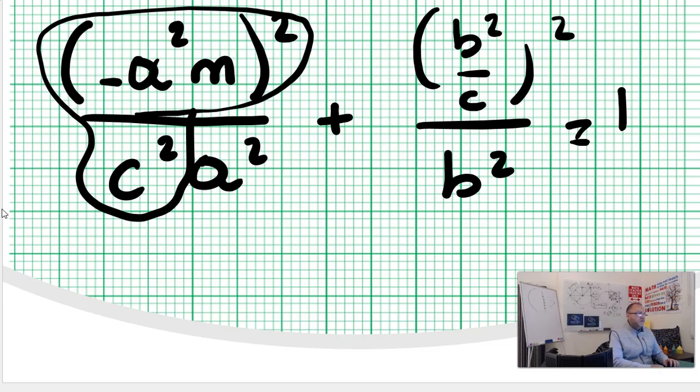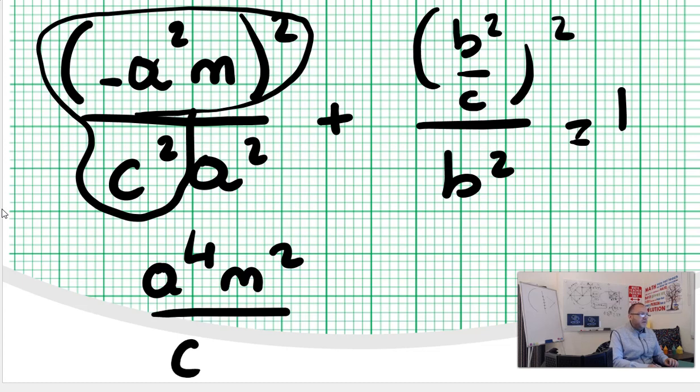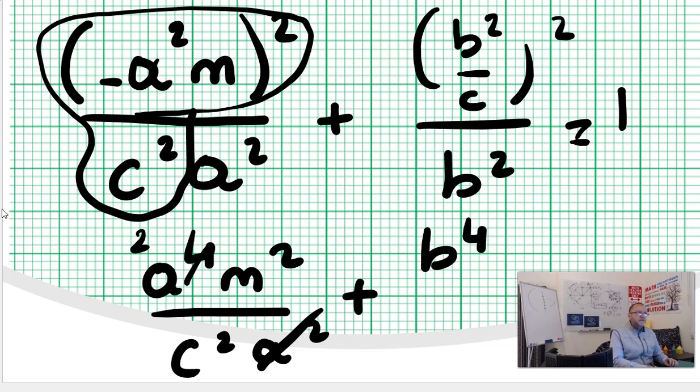So if you do, you get minus a squared to the power 2, that becomes a4 m2 divided by c squared a2. So this goes away, this becomes a2, right? And plus b4 divided by c2. You still have the c2 here and the c2 here, so equals 1, of course.